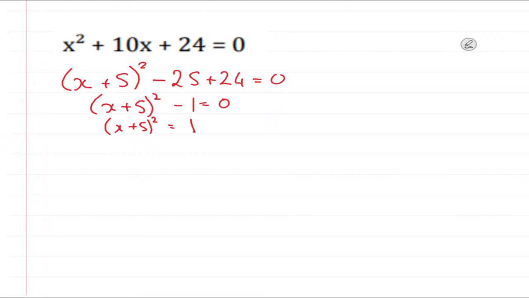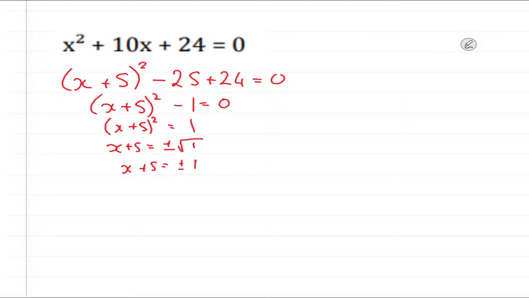Square roots, yeah? So everybody here now put plus or minus root 1, which isn't wrong technically. But what is the square root of 1? 1. So it's going to be x plus 5 is equal to plus or minus the square root of 1, which is x plus 5 is equal to plus or minus 1. The square root of 1 is 1.